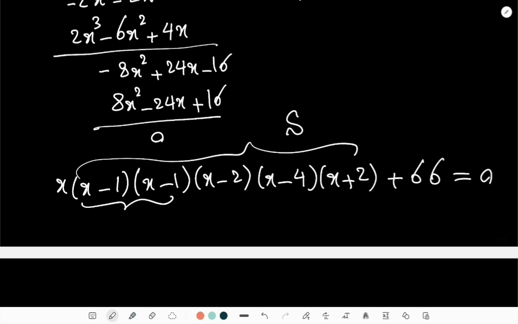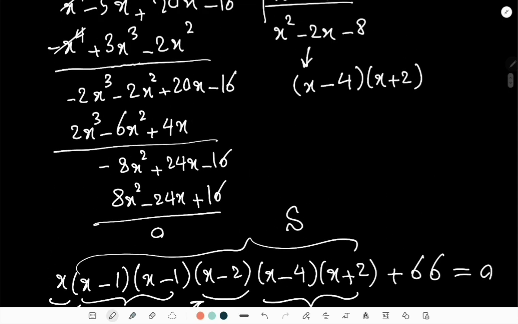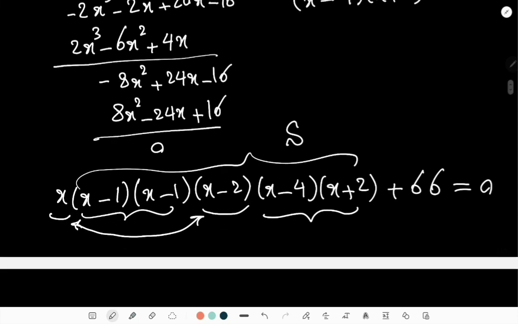And if I look at these guys here, if I multiply them, they also generate a term such as x^2 minus 2x. And also these two guys, if I multiply them, they also generate x^2 minus 2x.